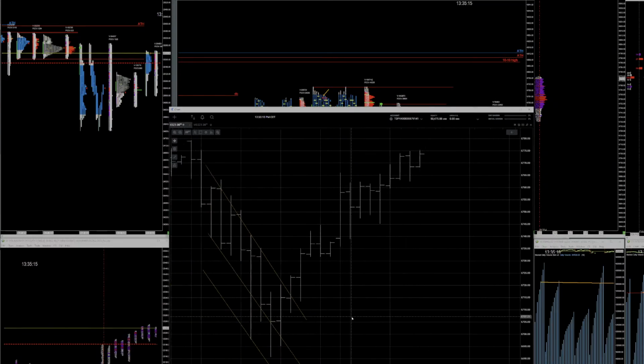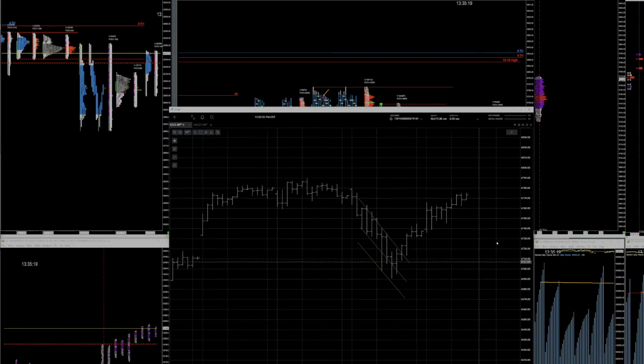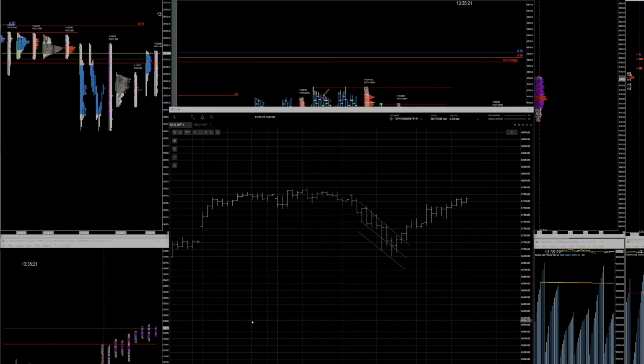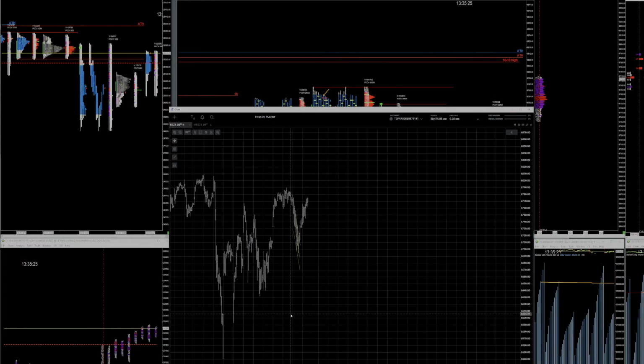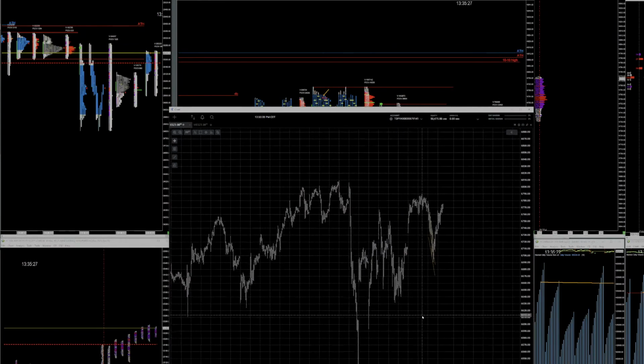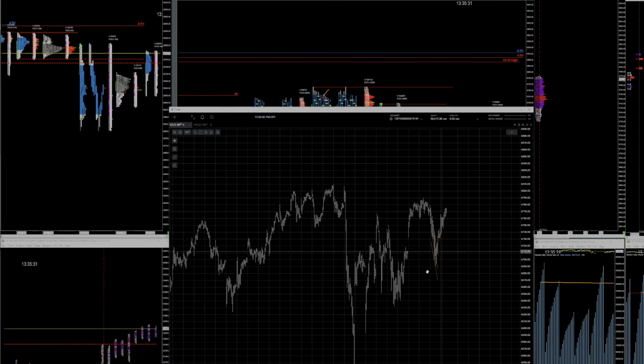There you go. Beautiful. This is the 30 minutes chart here. This is something. Wow! Look at this. Let me erase this. I don't want to check this out.